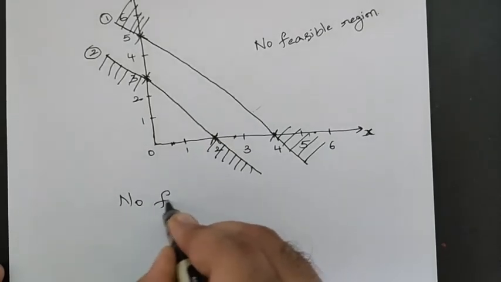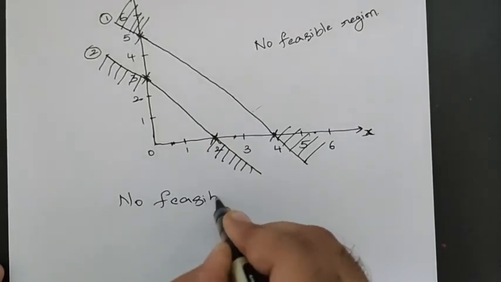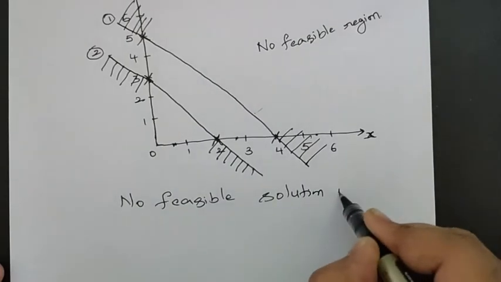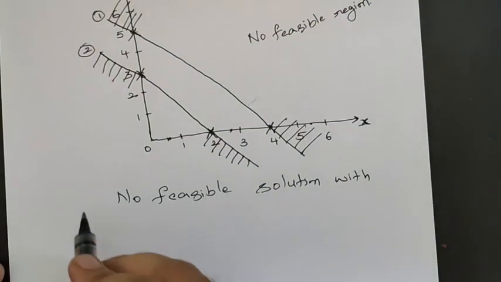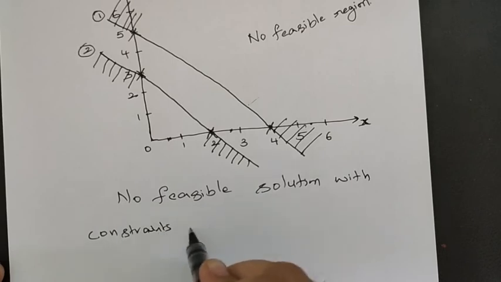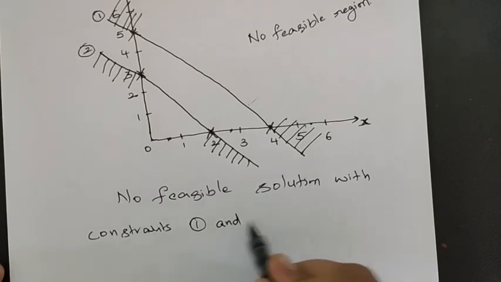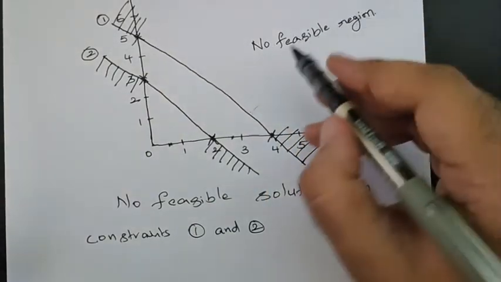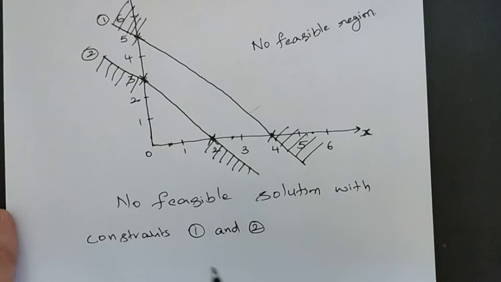There is no feasible solution with constraints 1 and 2. As we are not having any common feasible region, we are saying that there is no feasible solution with the constraints 1 and 2 for the given objective function.